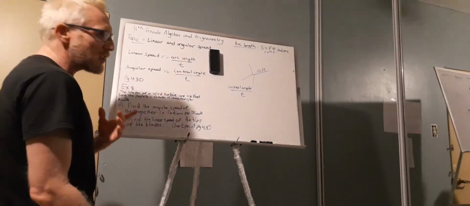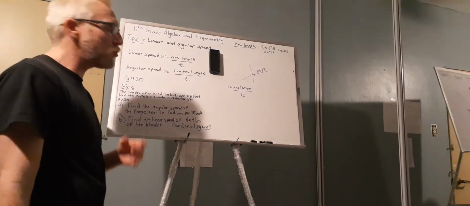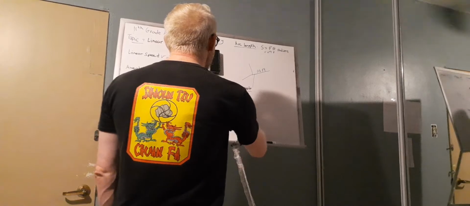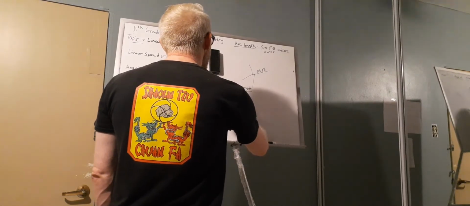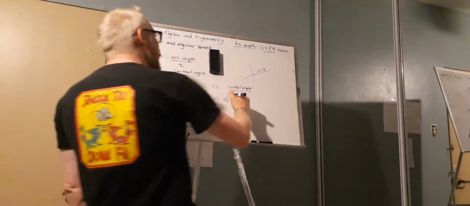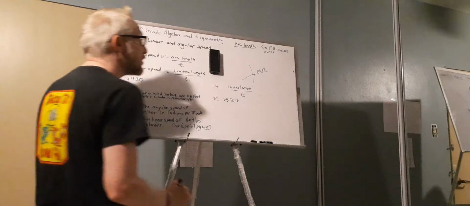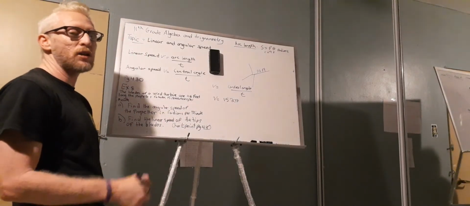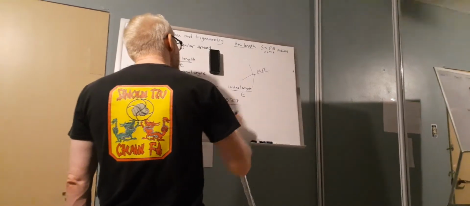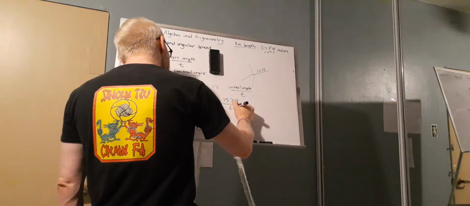I already explained in the previous example that one full rotation around the circle is 2 pi. So what we're going to say is V equals 15, because 15 is the revolutions, multiplied by 2 pi, because one revolution around the circle is 2 pi, over the time. It says per minute, so we're also going to use 60.